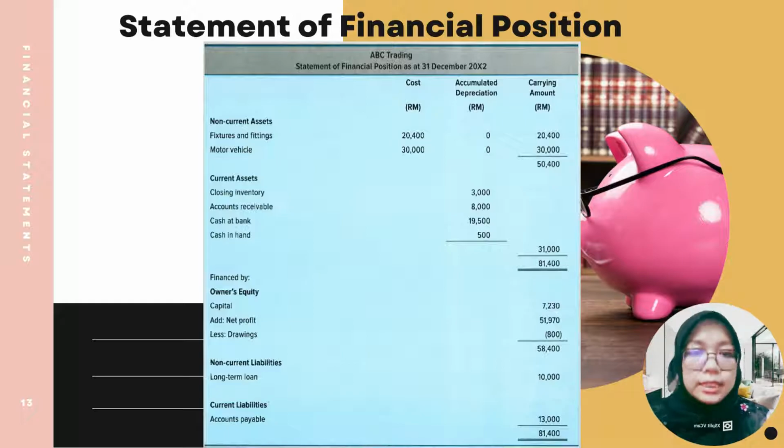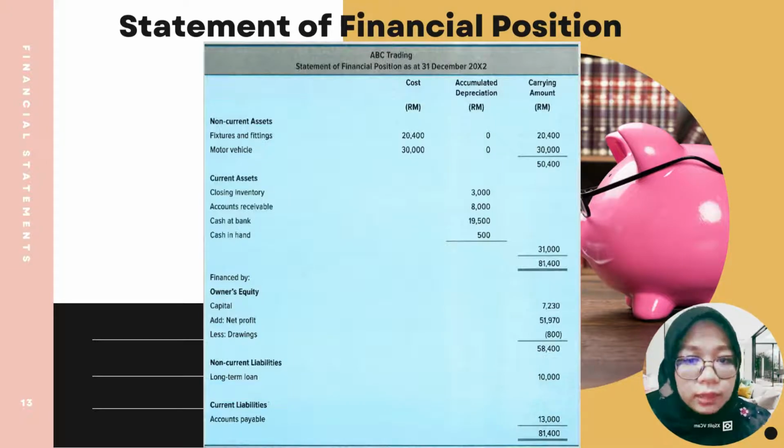In the statement of financial position, you can start with the non-current assets, the cost minus any accumulated depreciation if it is given in the question. If none, you can write 0. Then plus the current assets, and you will get the balancing figure.